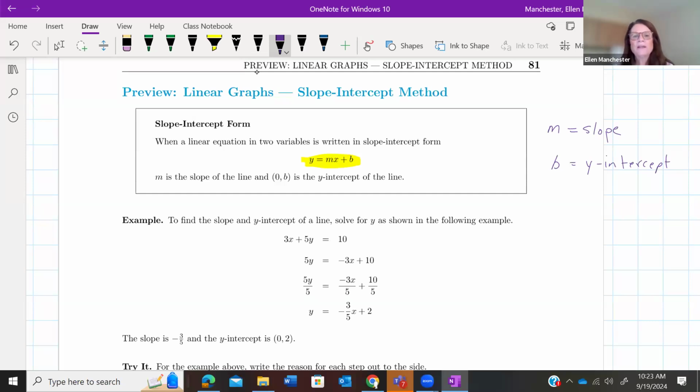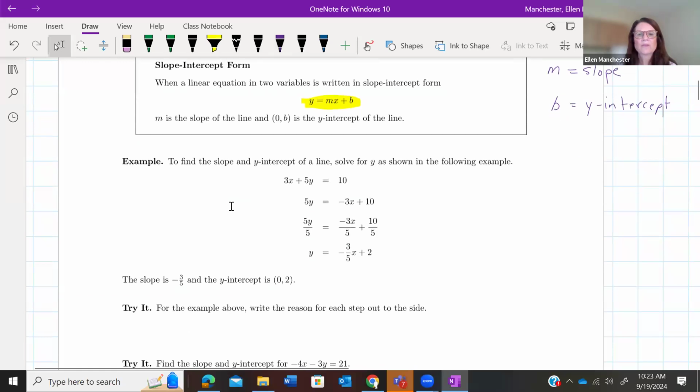Okay, so because it's y equals, when you get an equation that looks like this, 3x plus 5y equals 10, if I ask you to write it in slope-intercept form, you have to solve for y. Okay, so the idea is I'll do it live over here. Sometimes when it's already written out, it throws me. I have to actually do it.